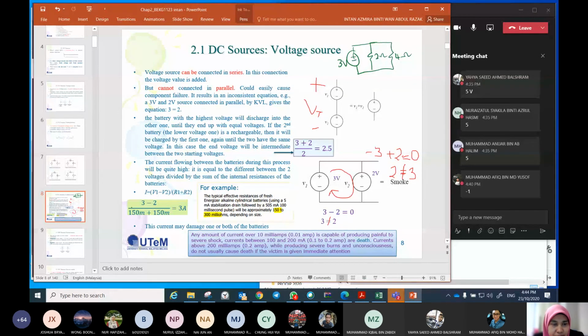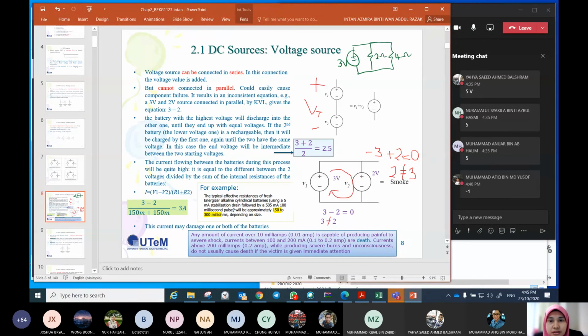I equals V over R. V here is 3 minus 2, divided by, let's say the internal resistance in a battery is 150 milliohms. 150 plus 150, so we get 3 amps. 3 amps is considered high.